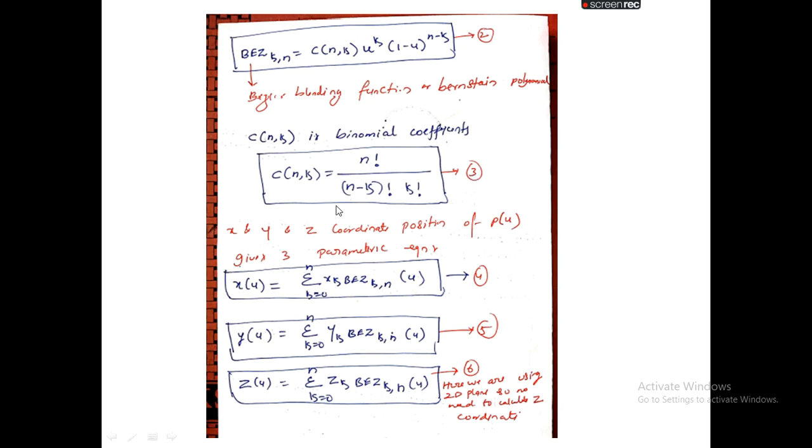Now, I will substitute the x, y, z coordinate position of P of u in the given equation number 3. Then, after substituting the x coordinate value, y coordinate value and z coordinate value in this particular equation, I will get the coordinate position with respect to the x axis, y axis and z axis for that particular pixel.